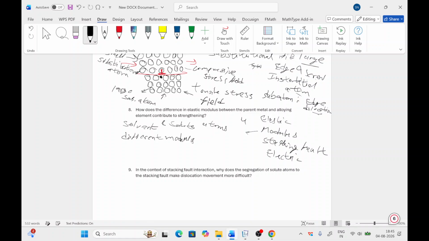The position where the solute atom sits locally changes the modulus of the solvent lattice. Because of this local change in modulus, shear modulus also decreases.